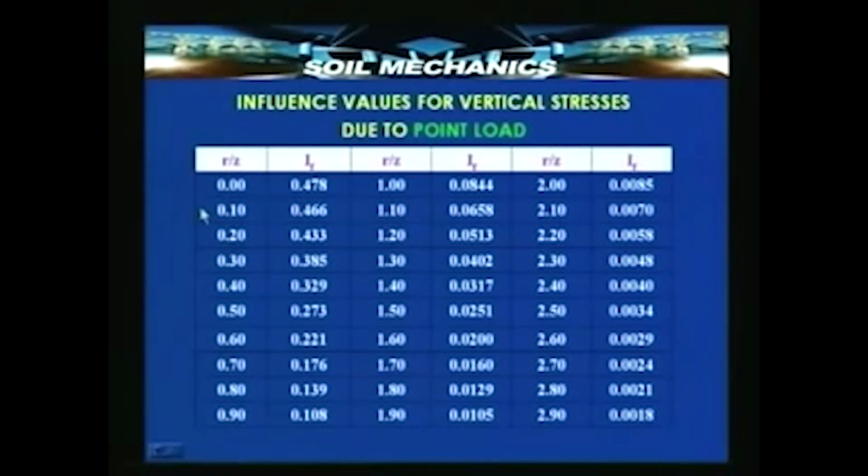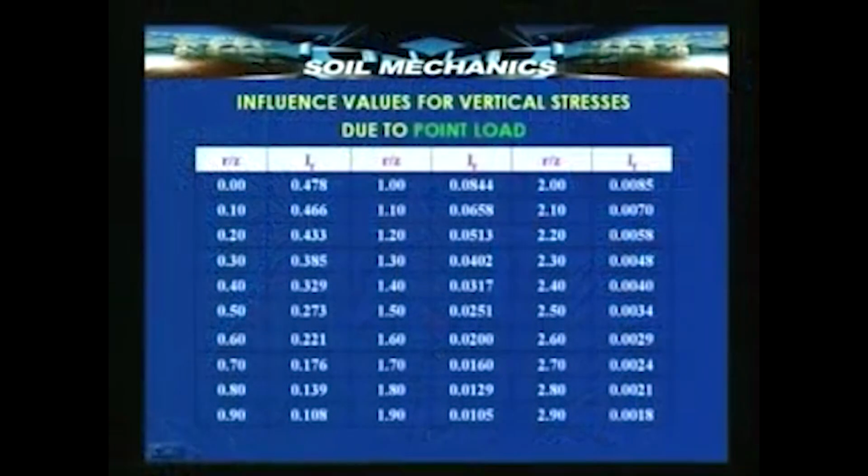Now, you see here R is the distance measured radially from the point of action of the concentrated or point load. So, that must be remembered, and Z is the vertical depth at which the point where we want the stress lies. The ratio R upon Z is directly related to the influence factor. The influence factor contains R upon Z as a non-dimensional term.